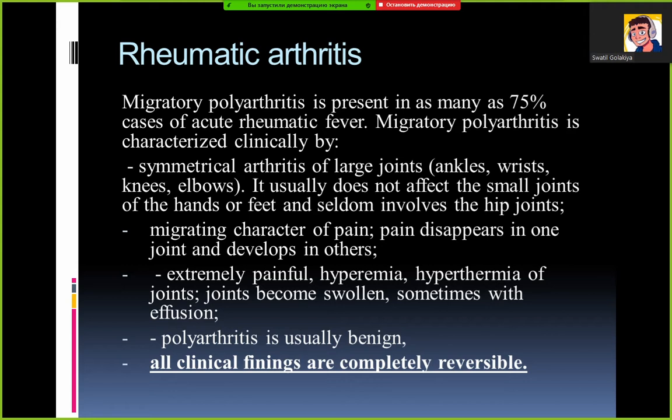It is very important that all changes are completely reversible. It means that we may differentiate acute rheumatic fever from rheumatoid polyarthritis, which leads to functional inability of joints.